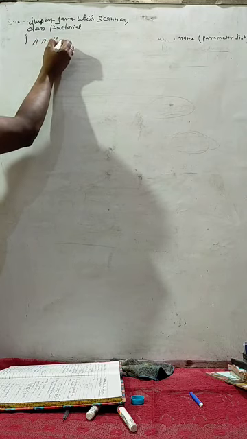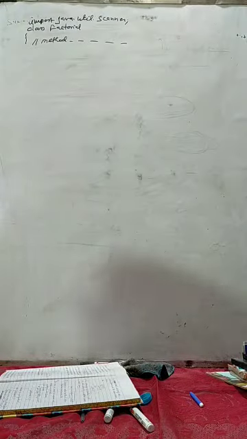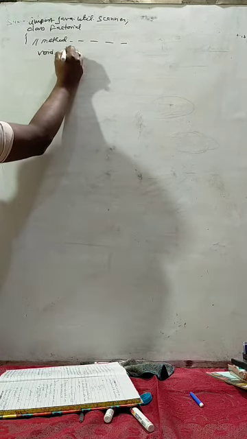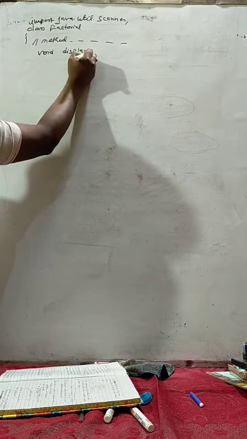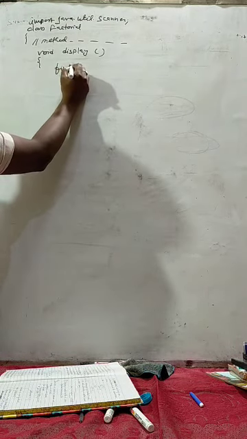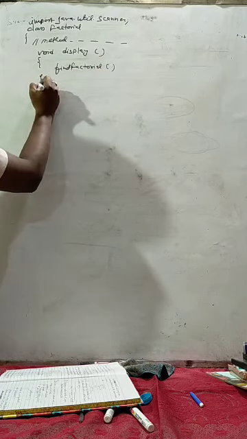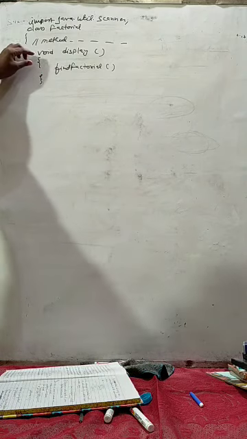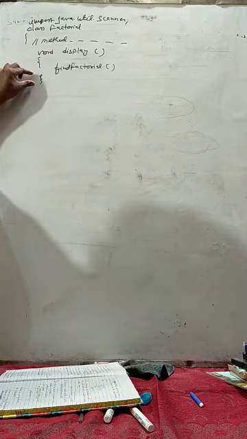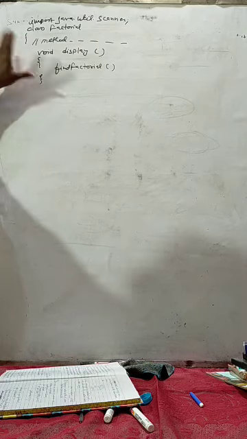We will write here a method to find and display the factorial of a number, void display find factorial. This is the opening bracket of this method and this is the closing bracket of this method. Means this method is over.